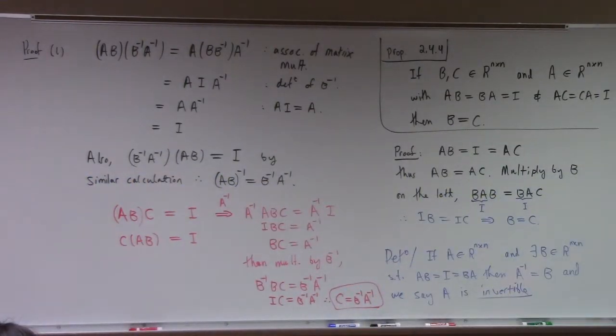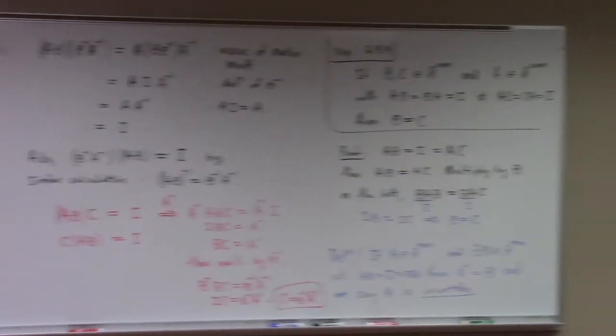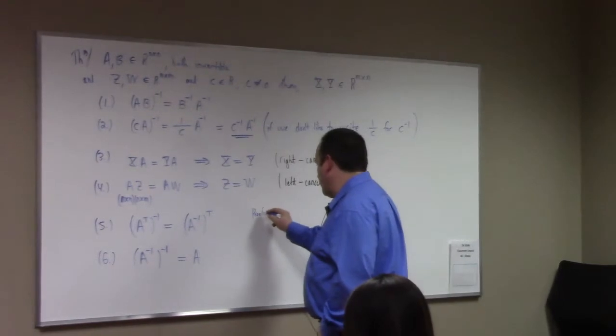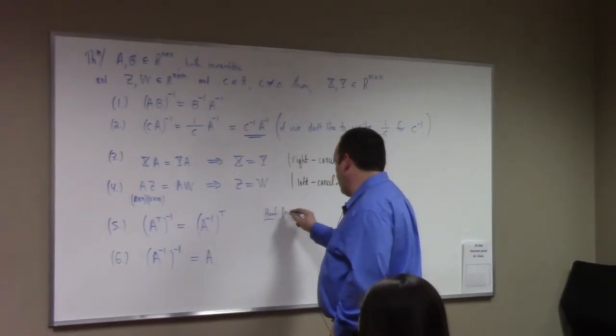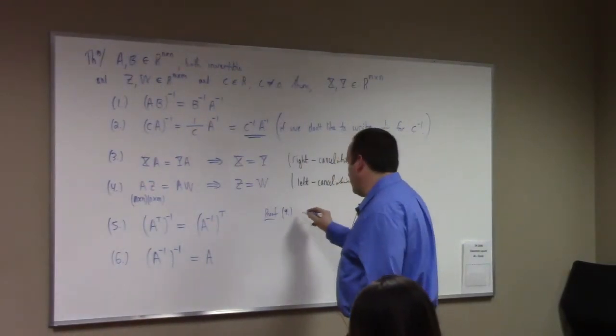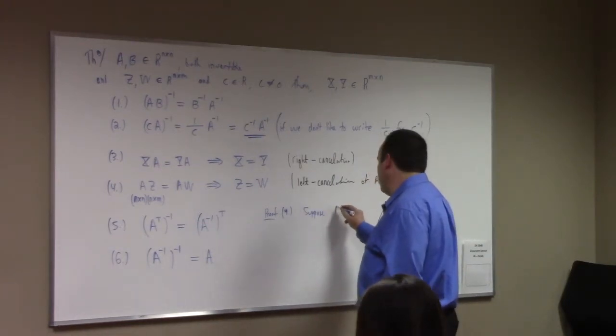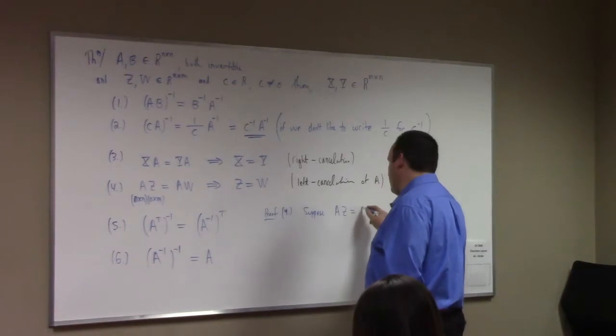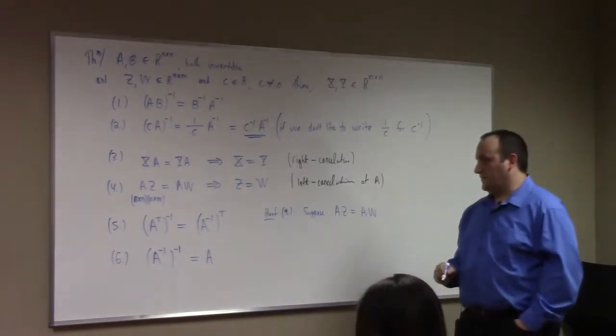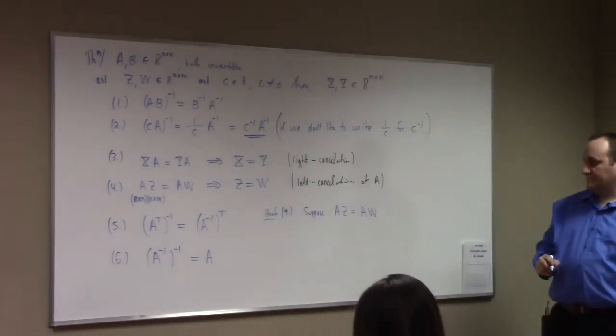All right, let's do one other proof here, and then I'm going to go on. Let's prove number 4. How would you do that? So we suppose that AZ is equal to AW. How are you going to get Z equals W? What do you do?